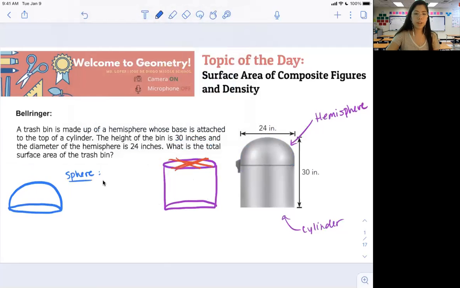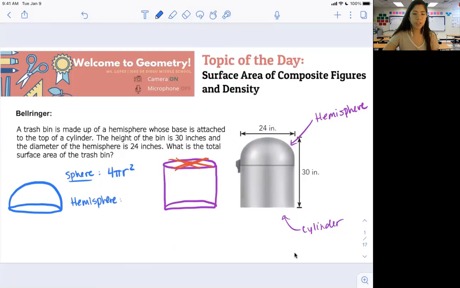What would be the surface area of just a normal sphere? Good. 4 pi r squared. So for a hemisphere, what would it be? Two pi r squared. Yeah, exactly.